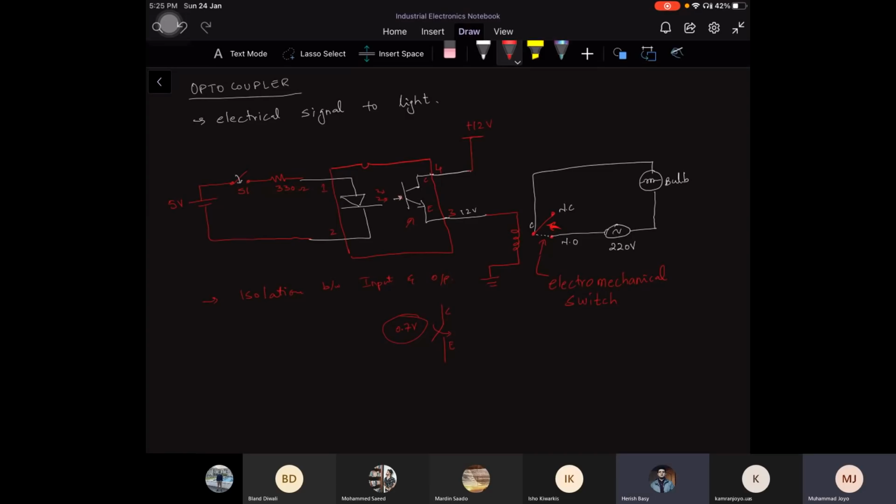When we talk about a transistor and optocoupler, it is a solid state device. By using a solid state device, you can reach very high frequencies. That is the reason I said that you cannot control the speed of DC motors, especially with the relay. I hope you understand now.